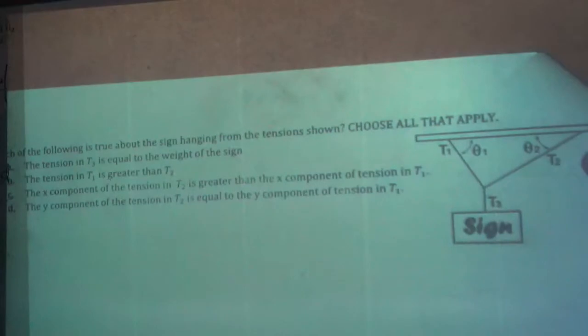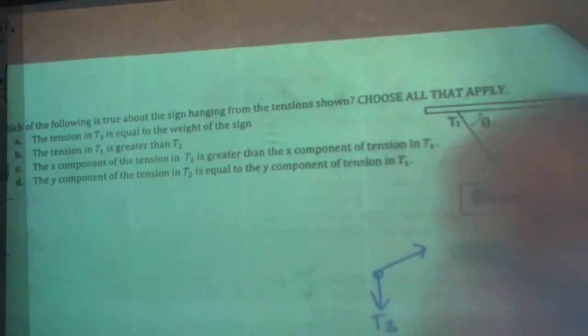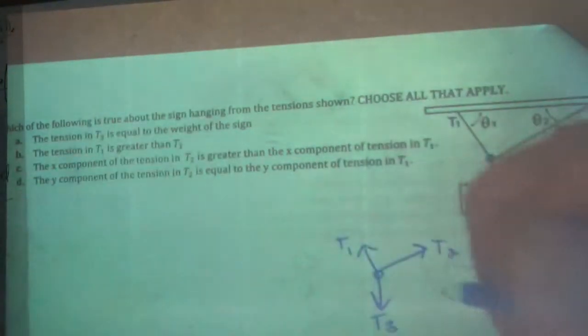Number 12, which of the following is true about the tensions from this hanging sign? So I drew a free body diagram right here. I've got tension T1 at a higher angle, something like this, and T2.